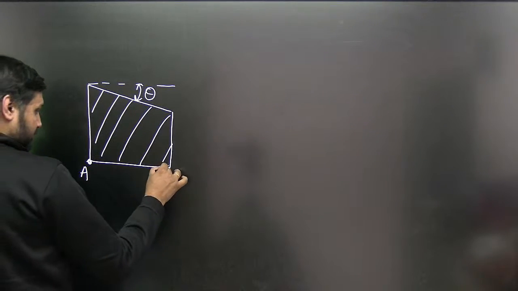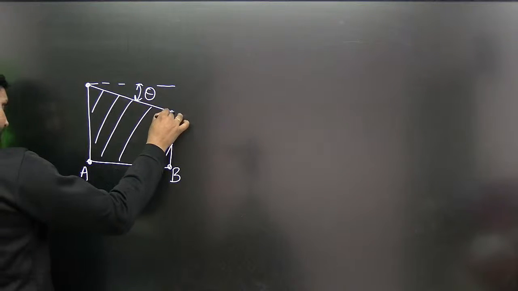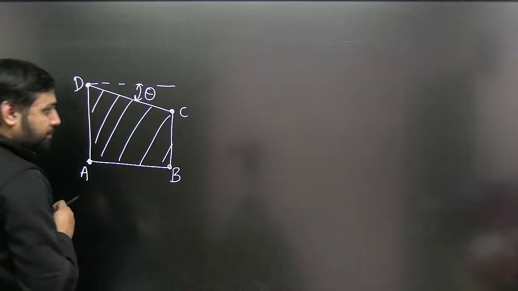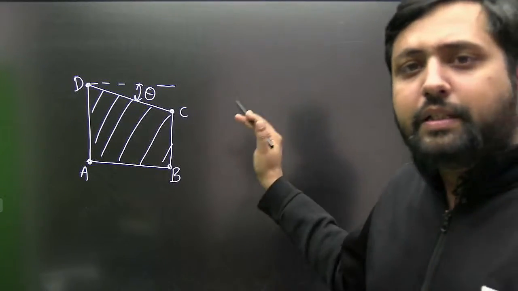You don't know what exactly this angle theta is. You just want to measure the angle. So my dear students, let us say this point is point A, another point is B, this point is C, and that point is D. What do we do to measure this angle?